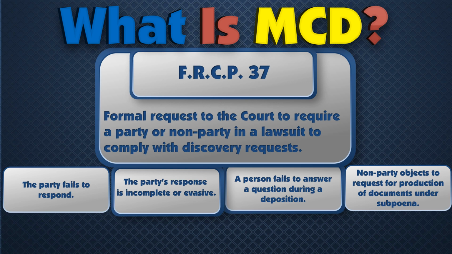One, when the party fails to respond or answer the other party's request for discovery, whether it's admissions, interrogatories, production of documents, and depositions, because sometimes in depositions, the party doesn't answer a question. And if that party does not answer a question, the other party can file a motion to compel discovery.